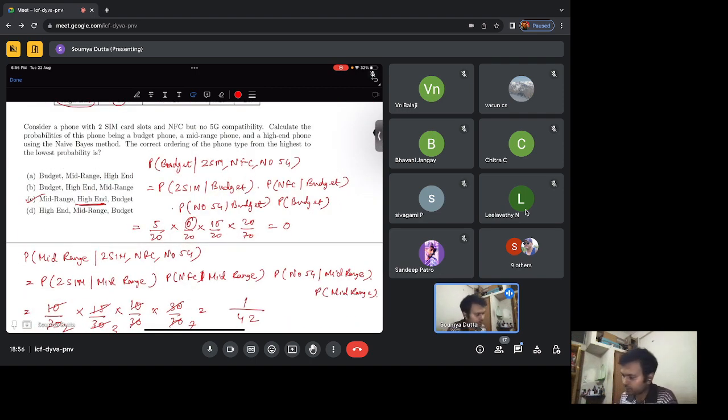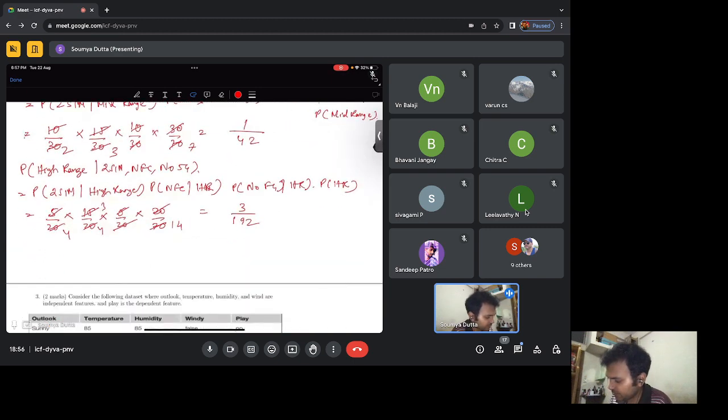Okay, now coming to the question that you asked, why are we not dividing it by the denominator that is generally there in Bayes rule. You see what is happening here is you are always taking the argmax of the hypothesis. So in this case the hypothesis is whether your phone is high range, low range, budget or mid range.